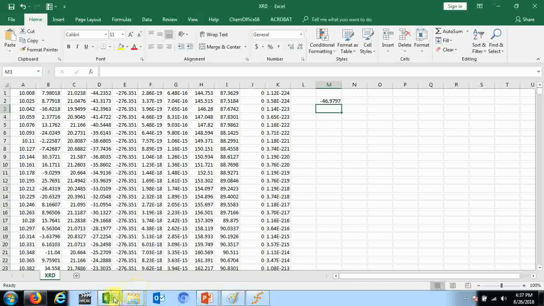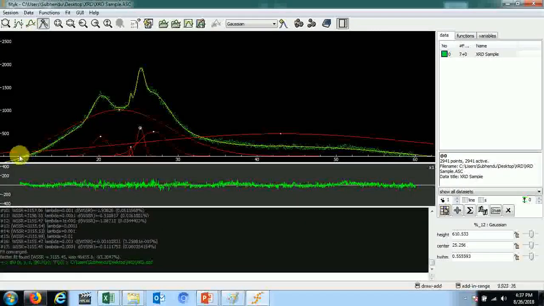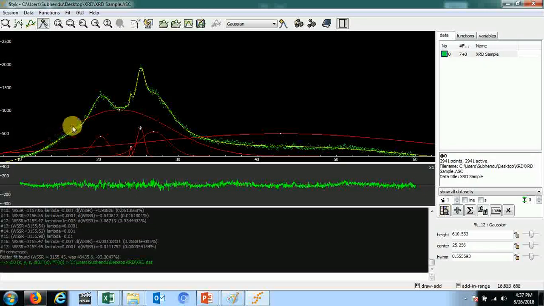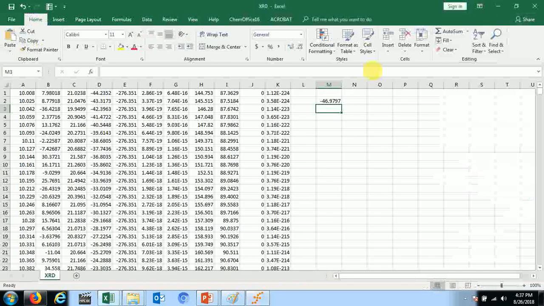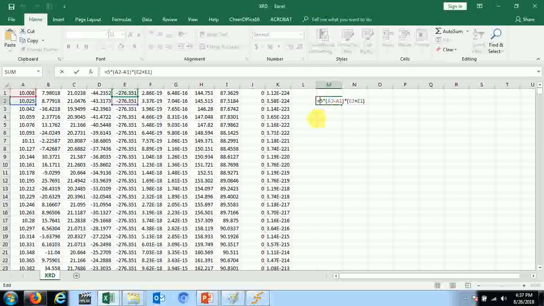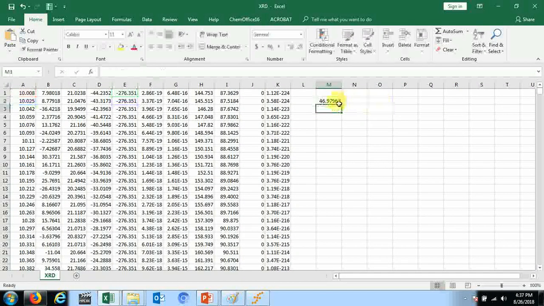Remember, in this case there are lots of fluctuations, and in many cases it will show a negative value. So we have to add ABS, which will give the absolute value.